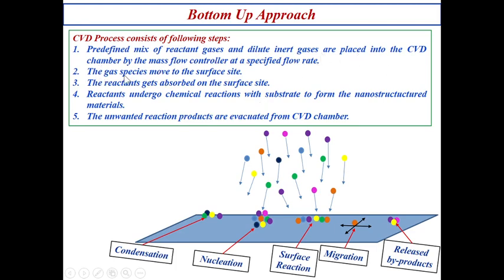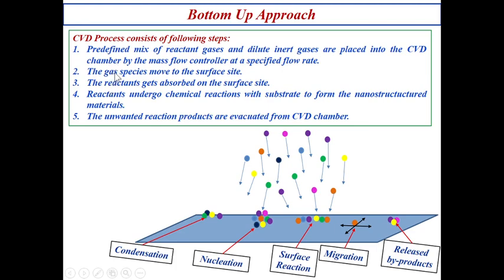The gas species means the composite, the solution of precursor material and inert gases. The gas species moves to the surface side. Here, instead of gas, you just write precursor atoms and molecules.